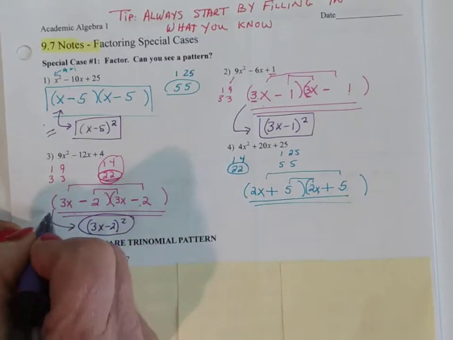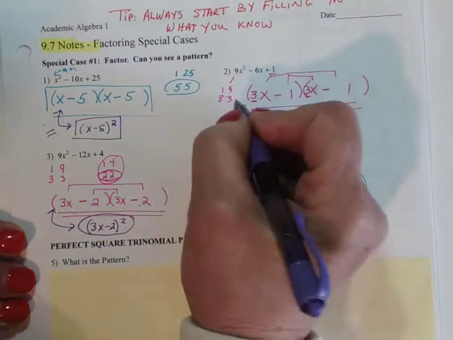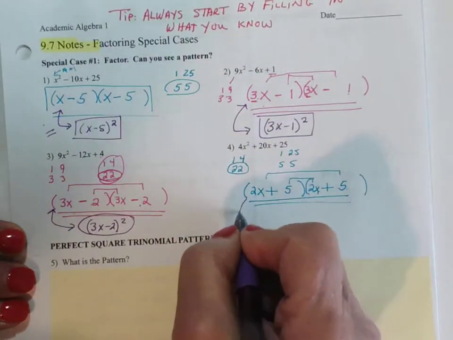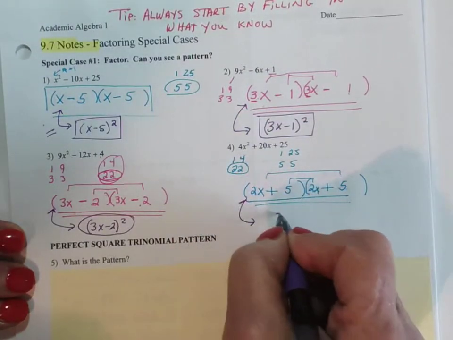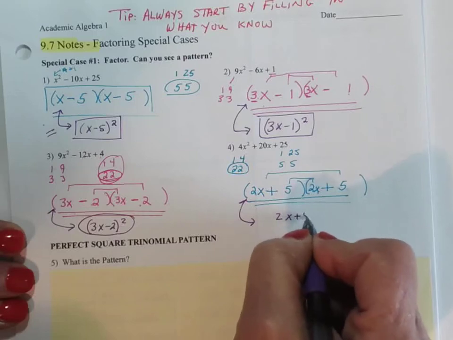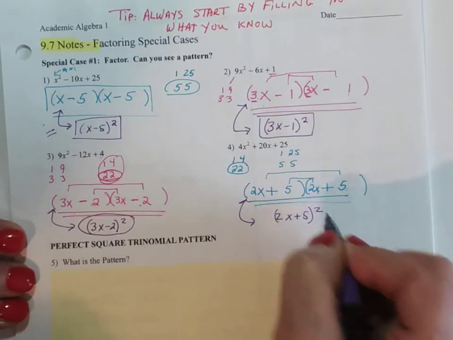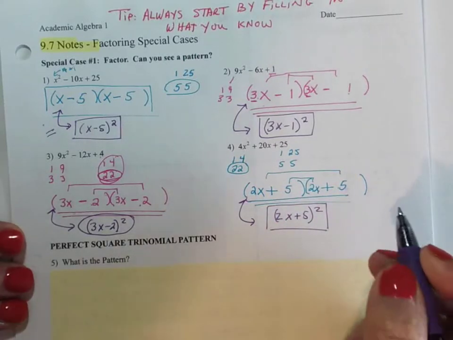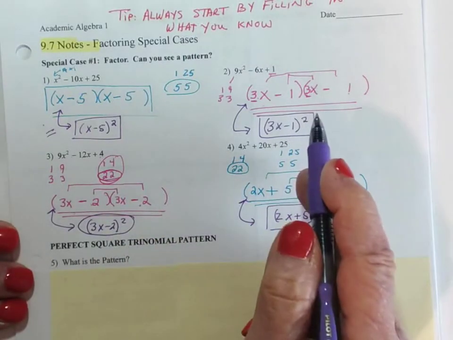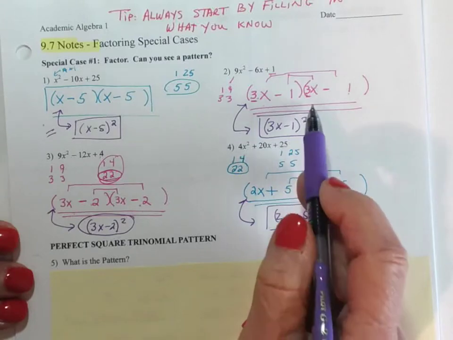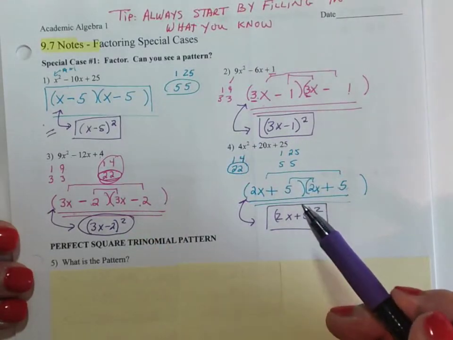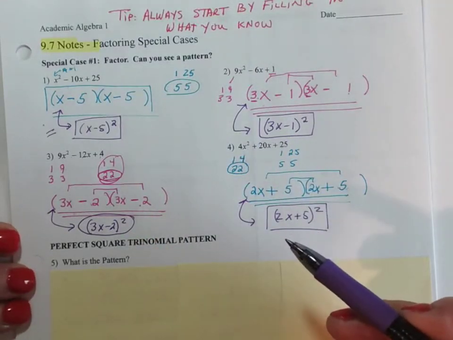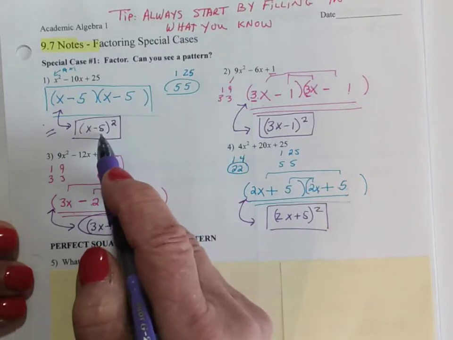So either way, these are correct answers. And now I can rewrite this 2x plus 5 squared. Understanding basic factoring, you were able to factor this without knowing that you were doing a special case. These are binomial squares.